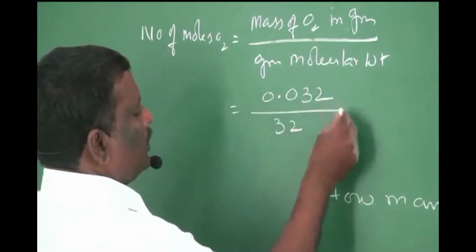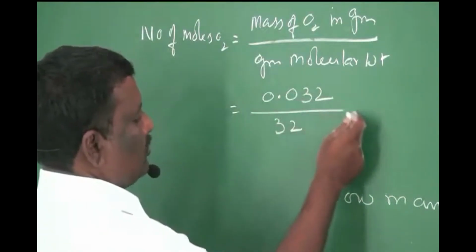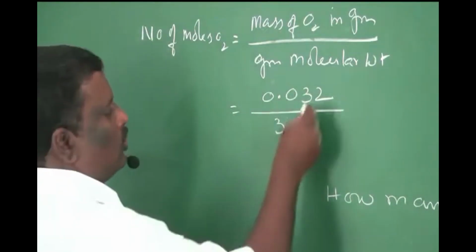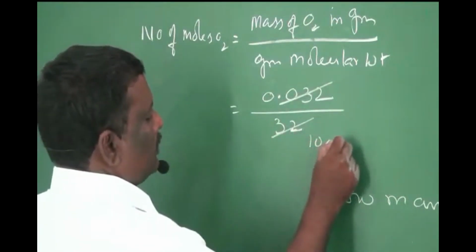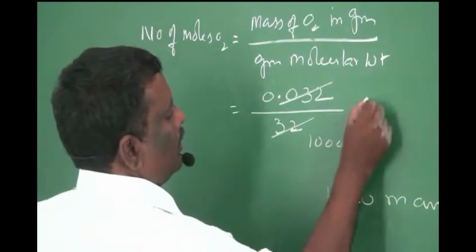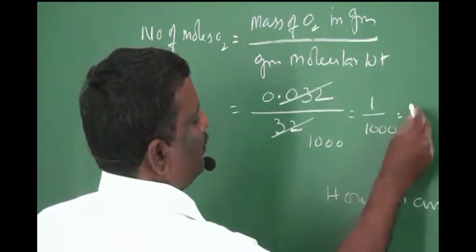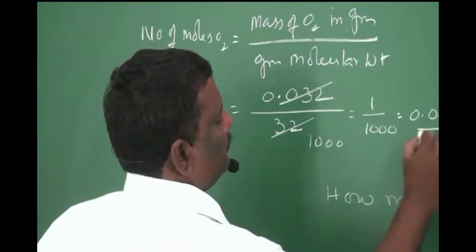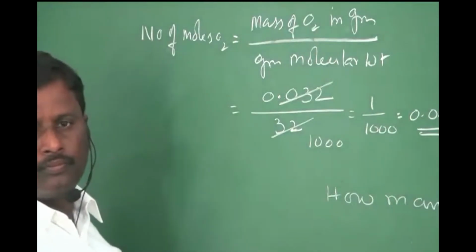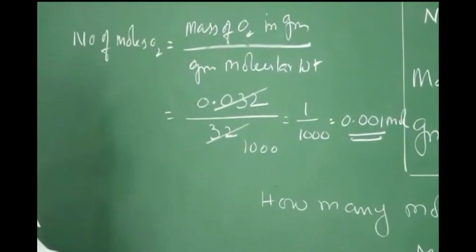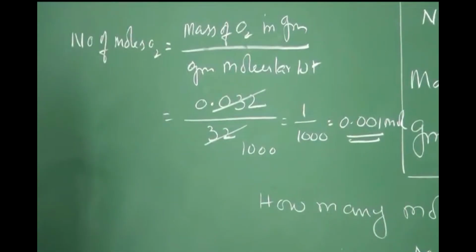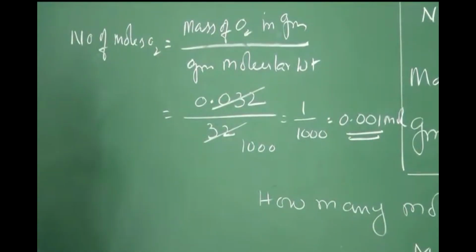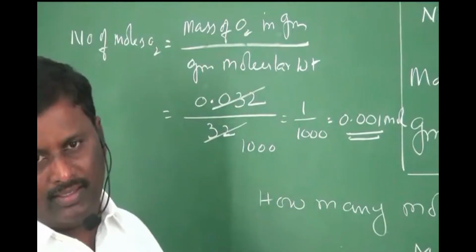So for this 0.032, you have to divide it by 1000. That means 1 by 1000, or it will be 0.001 mole.